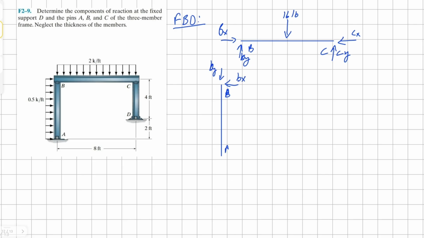Similarly, we have horizontal and vertical components, and finally we have our member CD. Similar idea for pin connection C, but for point D, because it's a fixed support, we're going to have 3 different reactions here. So we're going to have the usual horizontal and vertical reaction, and then we're going to have a moment around the point D.